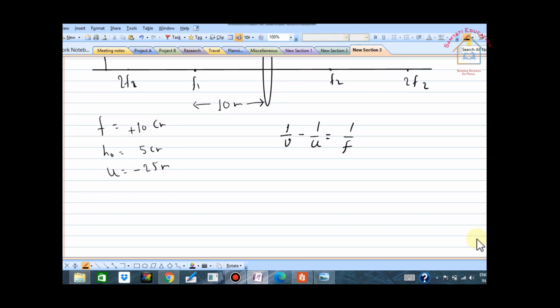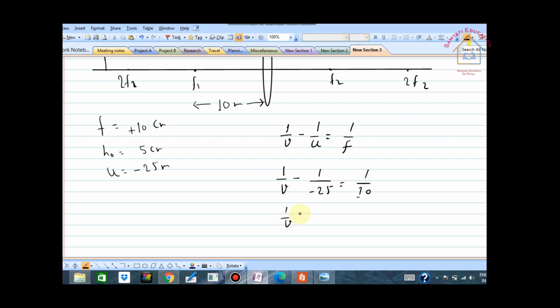To find v, we will use this formula. v is the distance of the image from the lens. 1 upon v minus 1 upon u, u is minus 25, equal to 1 upon f. f is 10.